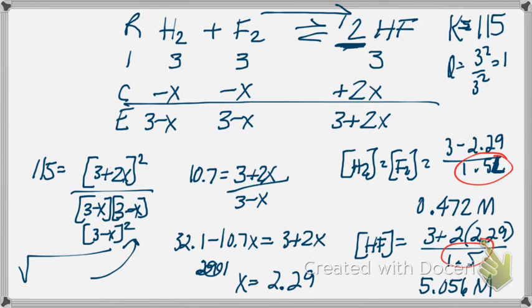Everybody good? In exercise 12, now we're doing HI, so we're forming HI, and then it gives us our concentrations. And this time we're doing atmospheres. So make sure we're using parentheses here.